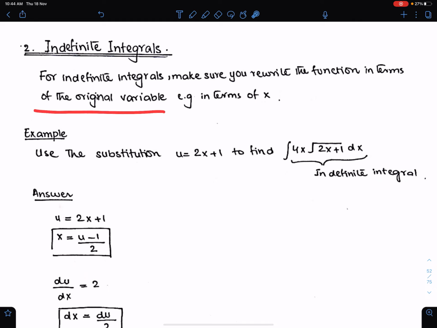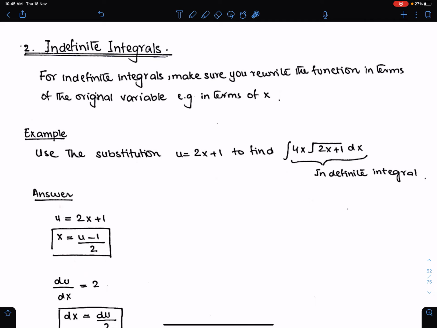This is a different step with respect to integration by substitution for definite integrals. We do two things here. We substitute the function and we substitute the integral operator. But at the end, we rewrite the function in terms of the original variable.